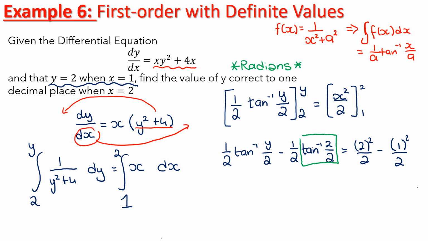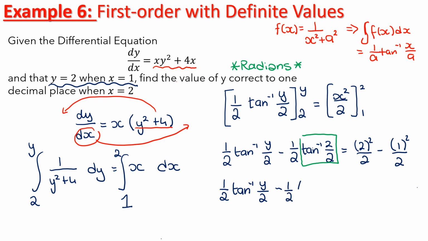It's not 45 degrees, it's pi over 4 radians. So just be really, really careful. When you're working, make sure that you're constantly checking the mode of your calculator. Is it in degrees or radians before you type in sine, cos, tan, or any of their inverses.